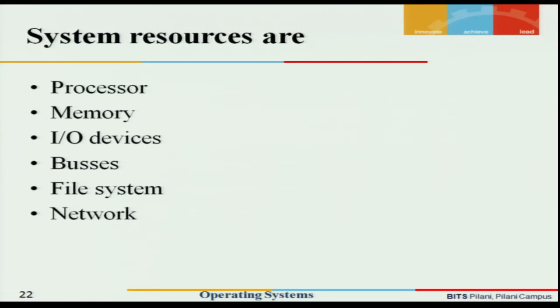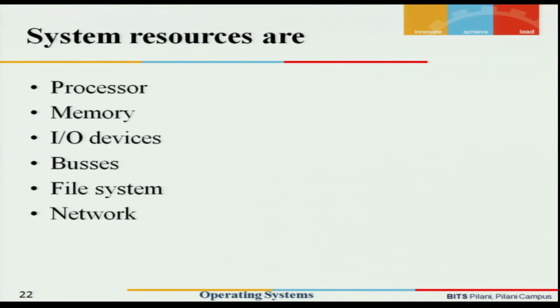We need to understand what the various resources are. So the processor is one of the resources. A computing system may have one or more than one processor. Based on the number of processors present in the system, different kinds of operating systems are proposed.